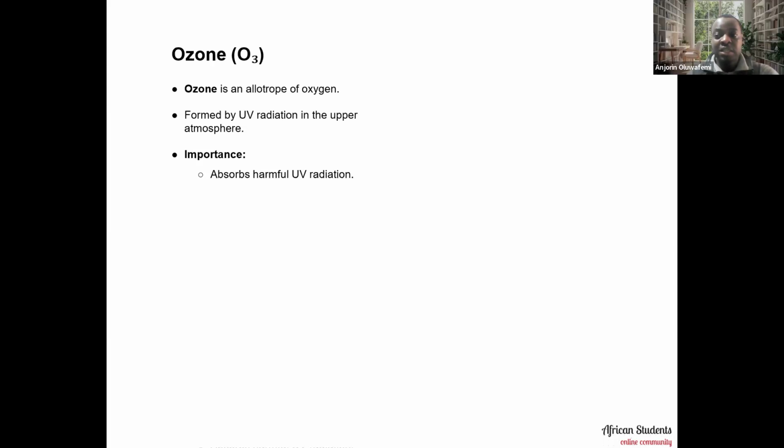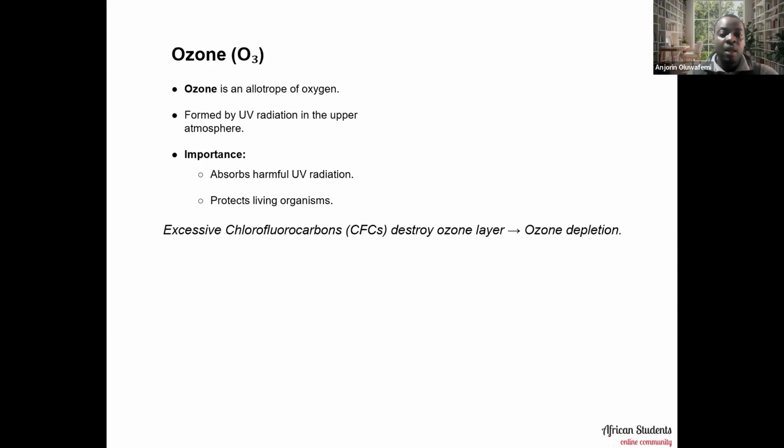And when it does that, it keeps cancer away, especially skin cancer. So it is important because of that. Another thing is that it protects living organisms. Yes, it acts as a shield for us living organisms. It protects us from this UV radiation that can result in carcinoma or cancer, as the case may be.